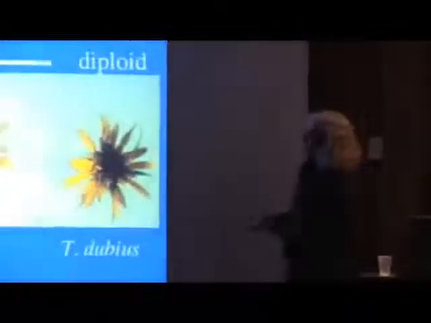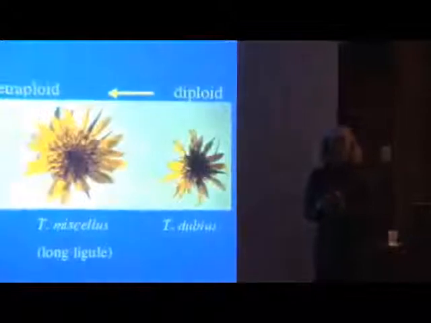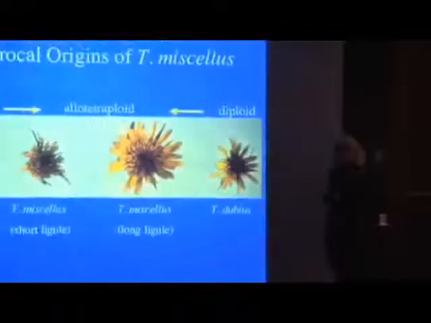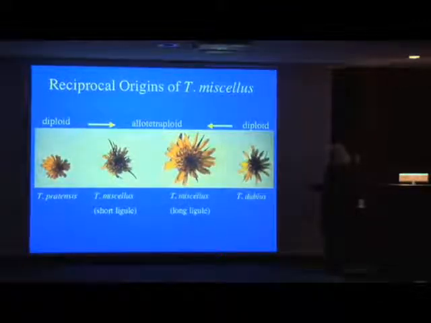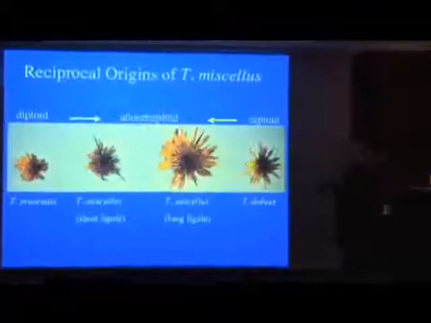Another thing that Ownby proposed was that there were these two different morphologies of the inflorescence, or the head, the flowering part of Tragopogon macellus, and he suggested that these had actually originated through what are referred to as reciprocal formations.